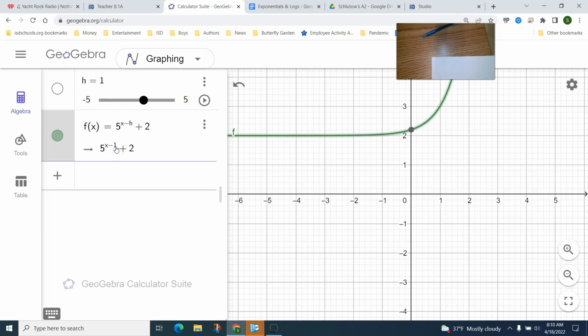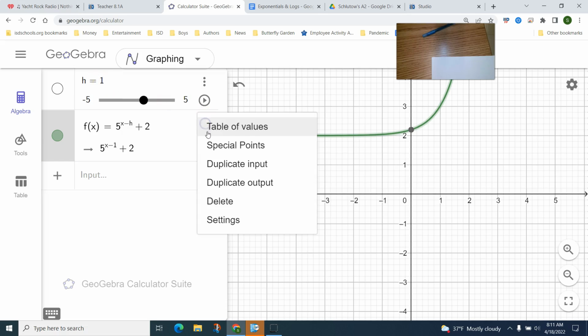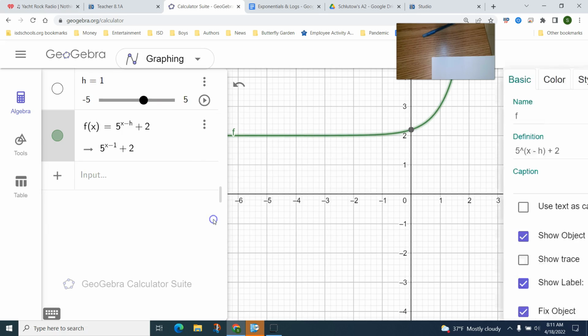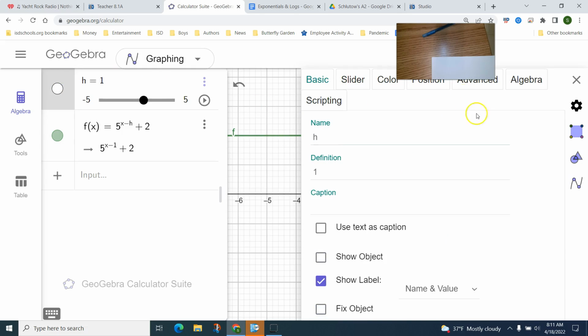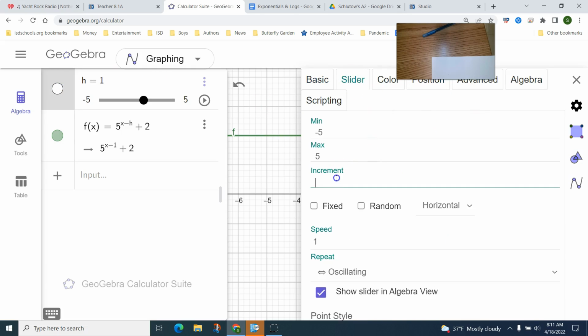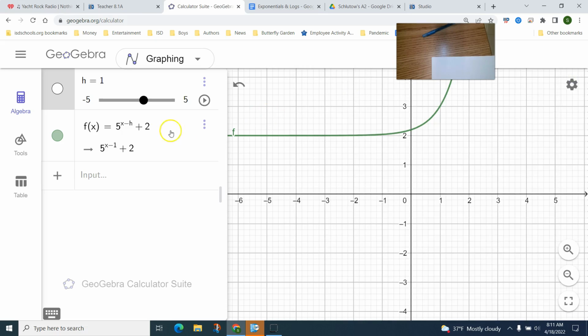Okay, right there. So now I want to, let's see here, settings. Put my slider in, 1, enter. All right. Let's just make this a k.